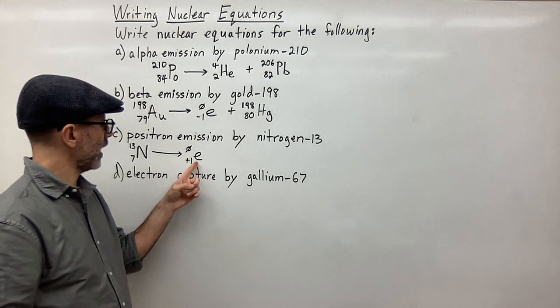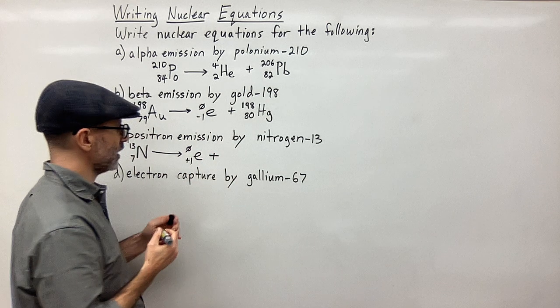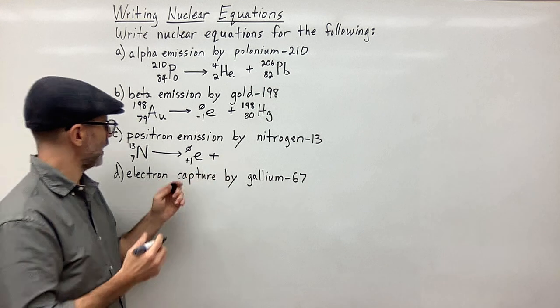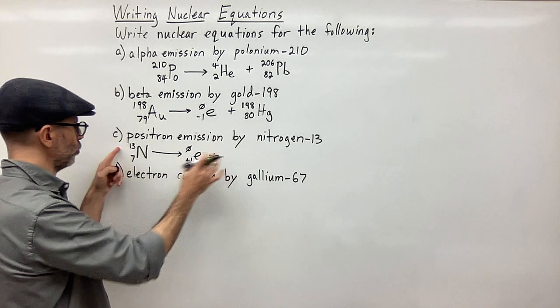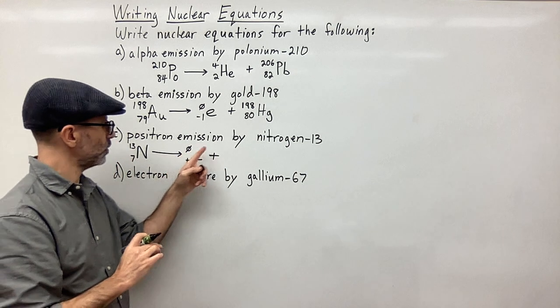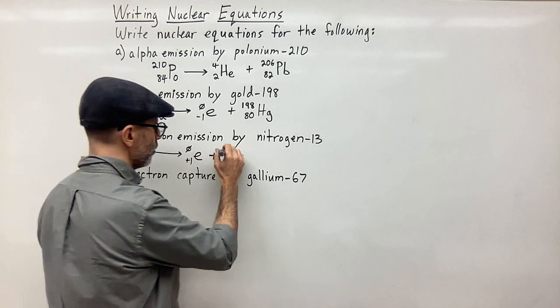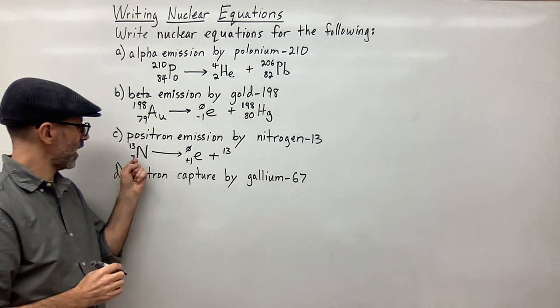Okay, now that we have our positron, we got to figure out what the daughter isotope is. And again, the top numbers on both sides, the total should be equal. So the total here is 13. So 0 plus what gives me 13? 13. And then here we have 7.